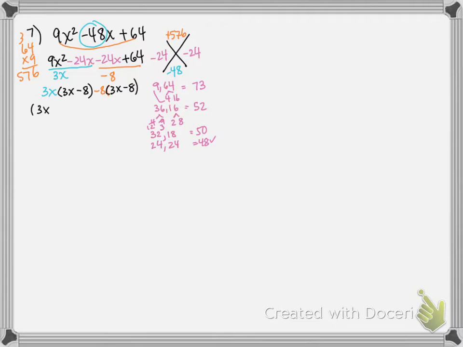Now, wait till you see the second miracle. You end up getting the same binomial twice. So we don't write it twice, we write it once and use an exponent. So this guy is called the trinomial square.